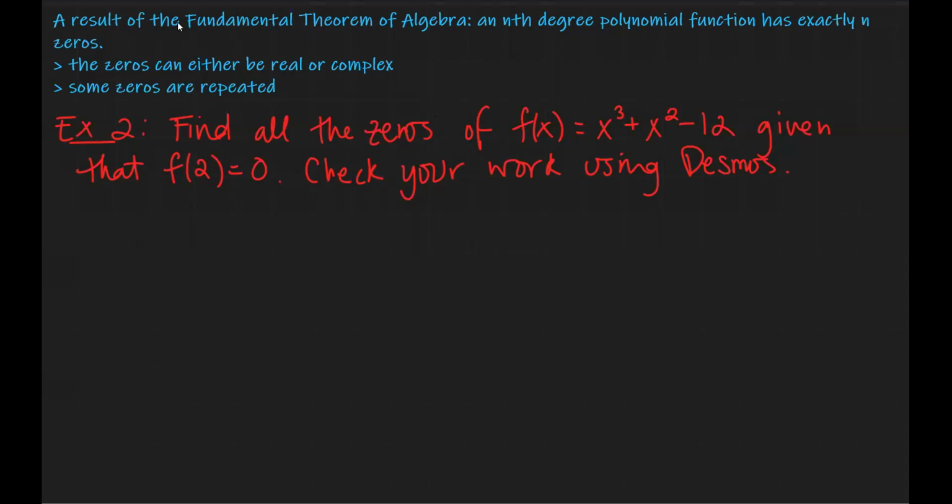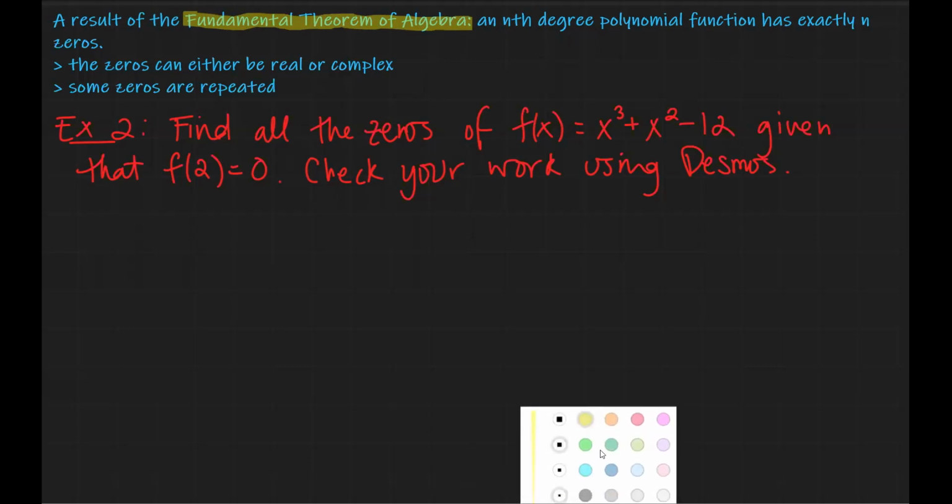But you're going to find in section 5.6, and actually this particular thing is in section 5.7, called the fundamental theorem of algebra. The fundamental theorem of algebra says something specific, but a result of it, something that we're more interested in, is that an nth degree polynomial function, I'll change the color of my highlighter.